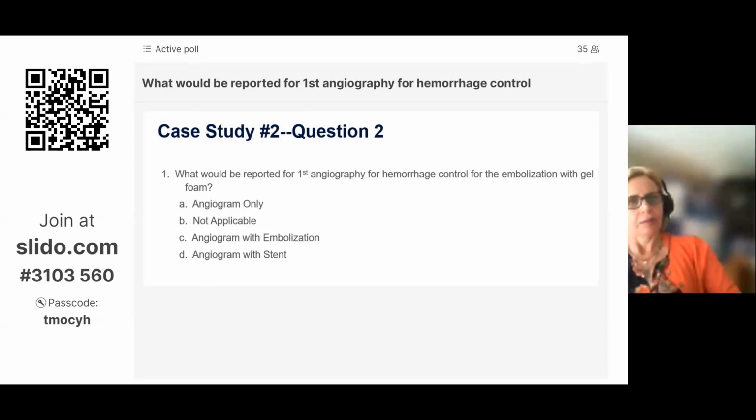And again, we had that angiogram, and they deployed that gel foam into the vessel, and that stopped the bleeding. Another great thing about these Slidos is we can identify any education gaps that may still exist out there, and these can actually help drive our future education.